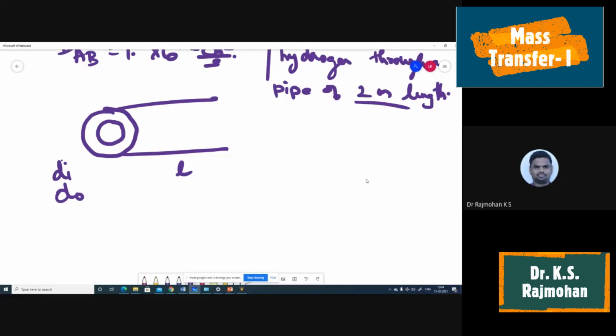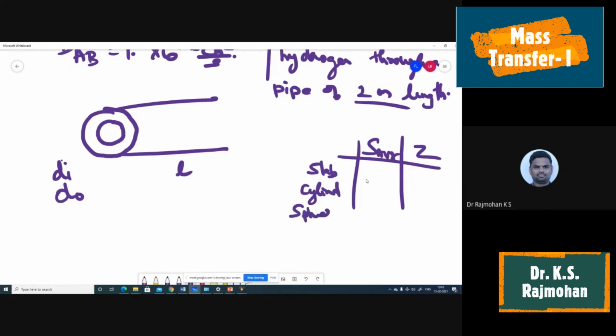We made a table earlier: what is the surface average S, and what is Z for slab, for cylinder, for sphere. From this we should take S average and Z. I hope you have completed that table by this time.